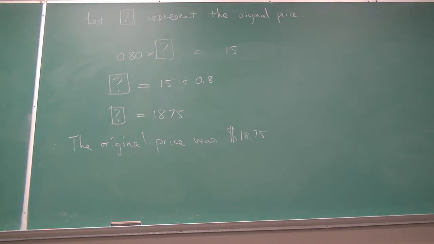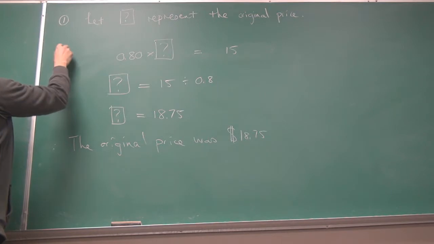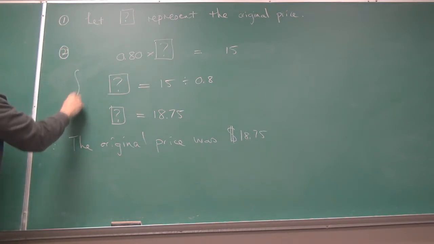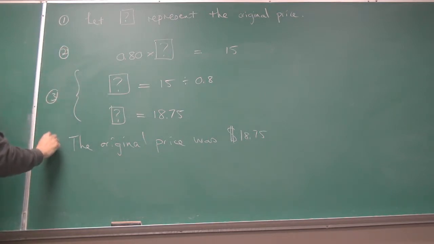Any questions on any one of these steps? I really have 1, 2, 3, 4 steps. One is, let's give a name to the missing quantity that I'm looking for. Then translate the information into a mathematical equation.